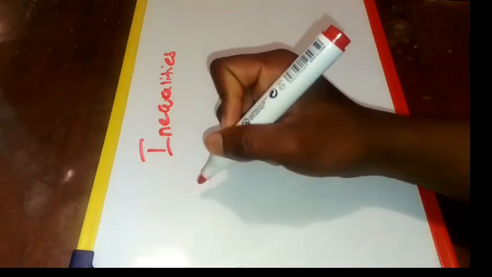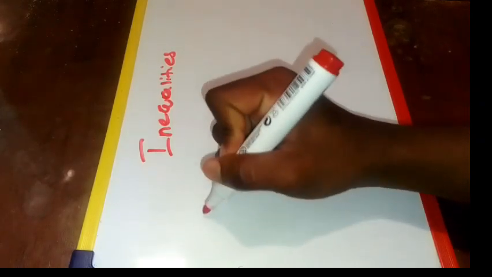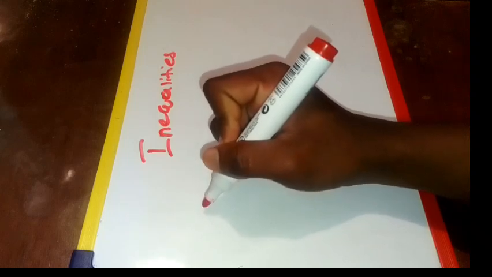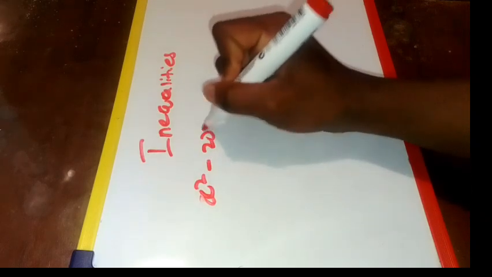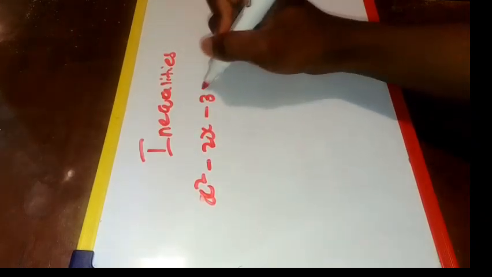So for example, let's take this type of quadratic inequality, because mostly in grade 11 and 12 we're dealing with quadratics. It's going to be something like this: x squared minus 2x minus 3 is greater than 0.